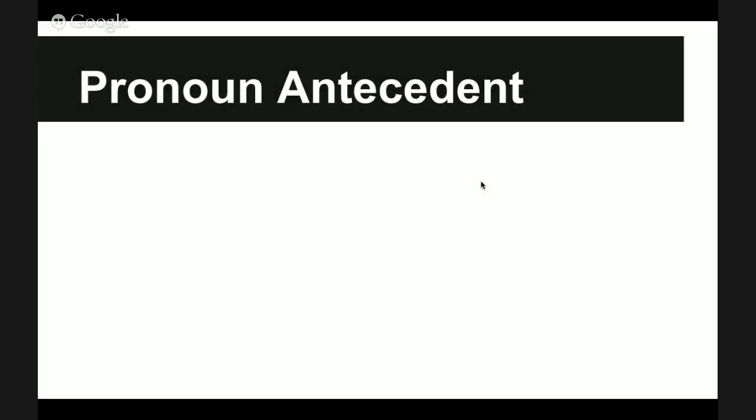Another important thing I want to talk about is this idea of pronoun antecedent. So what do we mean by antecedent? First, we have to define this word. Antecedent is the noun that precedes a pronoun. So the word that a pronoun is replacing is its antecedent.